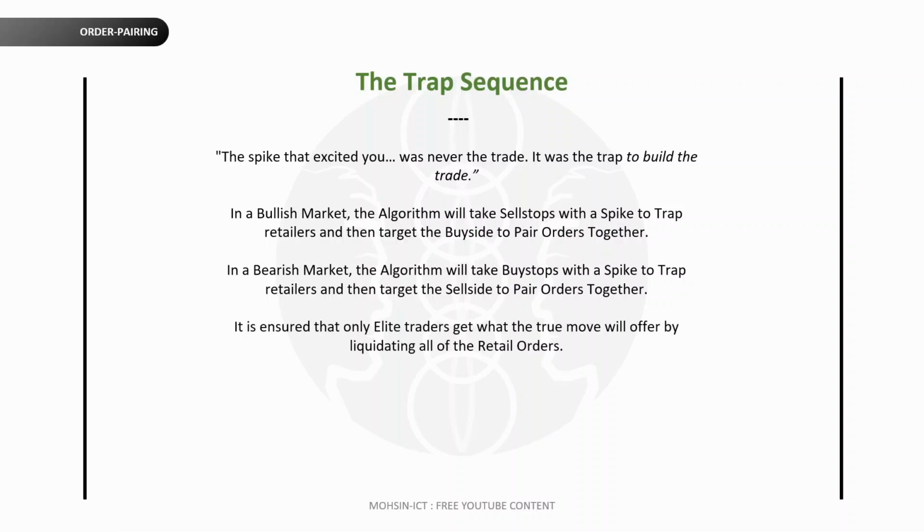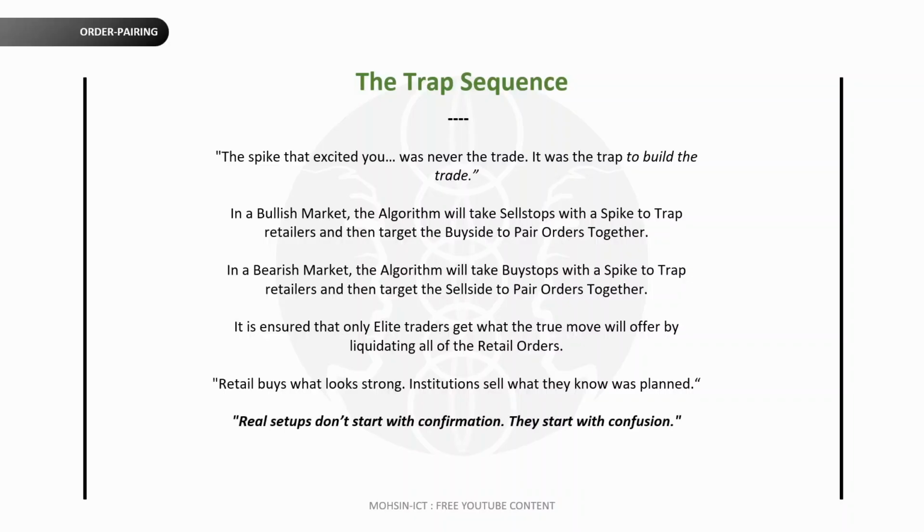Market does this to ensure that only elite traders get what the true move will offer by liquidating all the retail orders and all the newbies. Retail buys what looks strong, while institutions sell what they know was planned. Real setups don't start with confirmation, they often start with confusion.